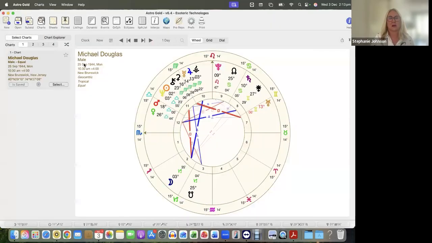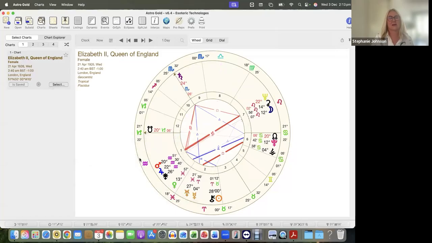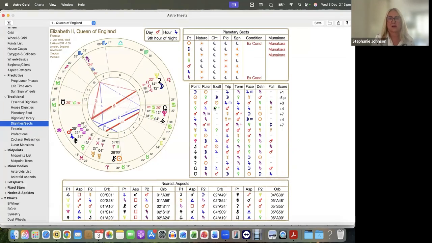So let's have a look at, let's see if I've kept her here, Queen Elizabeth. There she is, the Queen of England. First of all, we go to her sheets. We look at here and we see, again, not a strong sun. She's got Chiron there. Now, it's up to you whether you include some of these outer things, some of the asteroids, etc., like I have put in here.